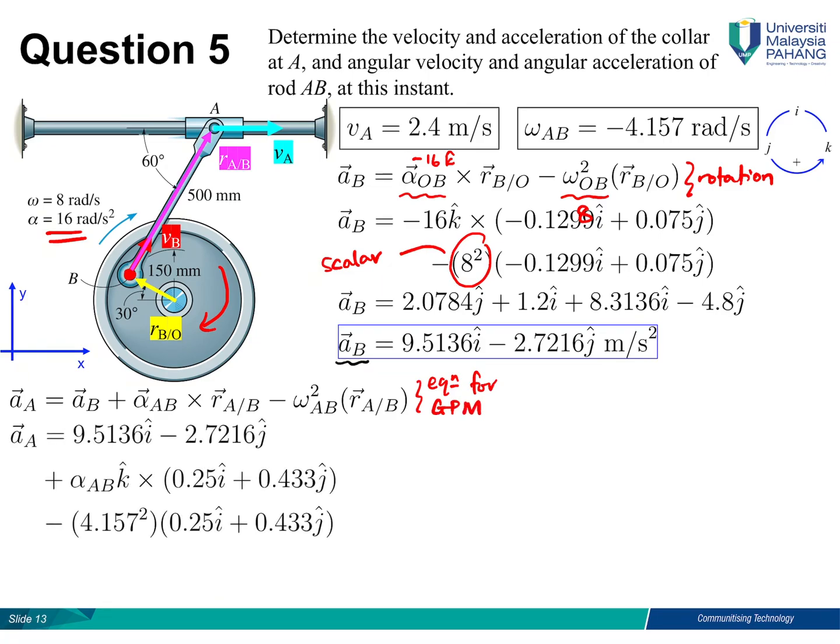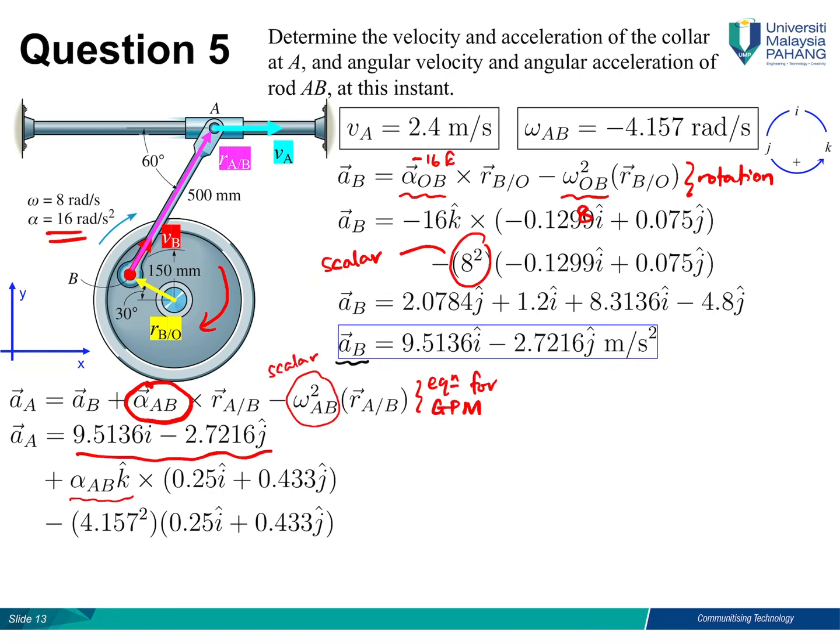So AA, we take the value of AB, substitute. This one is the value of AB. Alpha AB is unknown, it's not given, so we will assume that it is positive. So just put in alpha ABK. Cross product RA/B is the position vector we have previously. And this is again a scalar quantity.